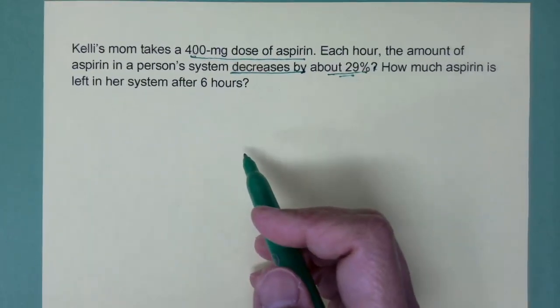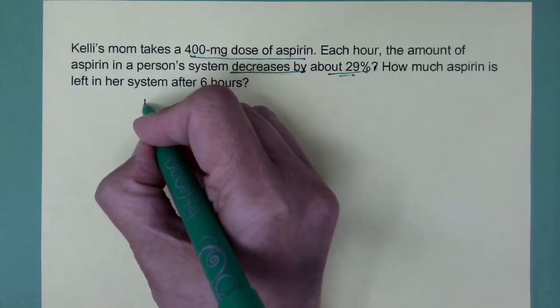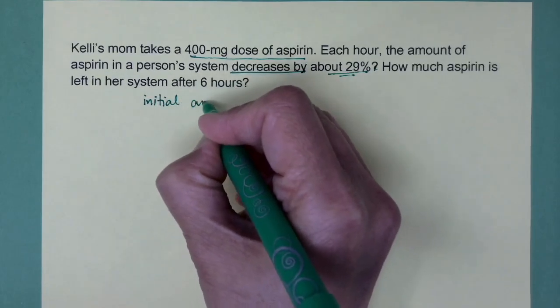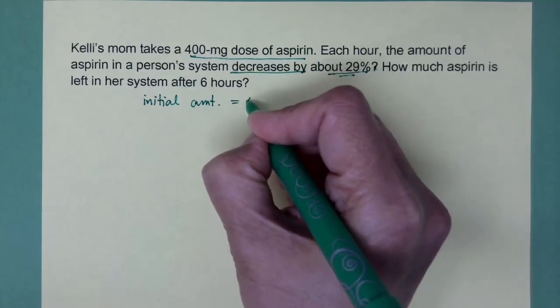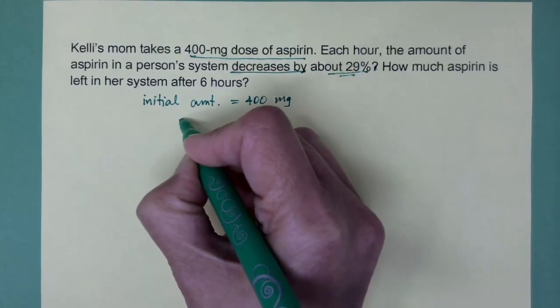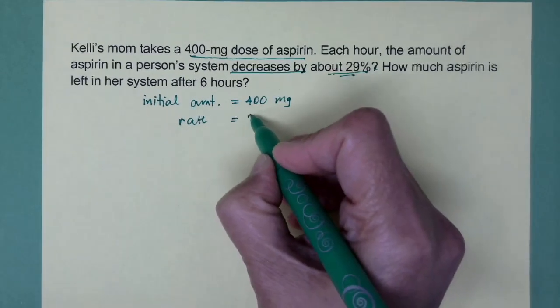All right, so what is this 400? 400 is going to be our initial amount of aspirin, that is 400 milligrams. And then what is the rate at which this amount decreases? It is 29%.